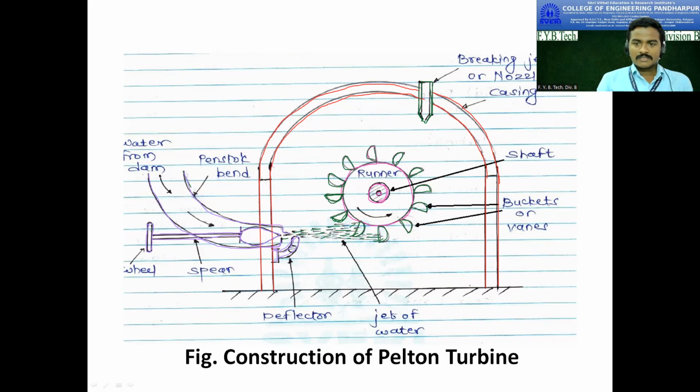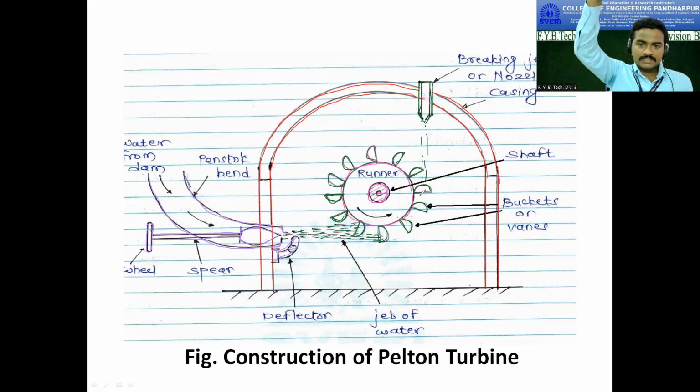Then there is a braking jet provided at the top. Through this braking jet, water is falling over the buckets. What is a braking jet? If the turbine runner is rotating at high speed and we want to make it stationary, to reduce its speed, we have to fall the water, or pass the water, through the braking jet.